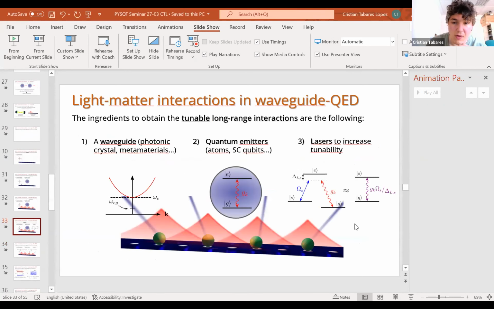If you take a look, for example, at this configuration here, what we do is that we have three levels. We consider three levels in our quantum emitter, apart from all the photonic states. We couple this E state to an S state using a laser, and also we couple this E state to the G state via a radiative transition. We adiabatically eliminate this E state, so we obtain an effective qubit concerning these G and S states.